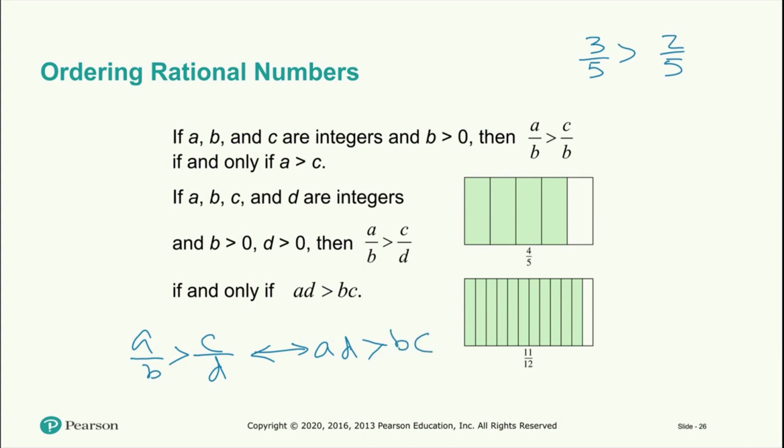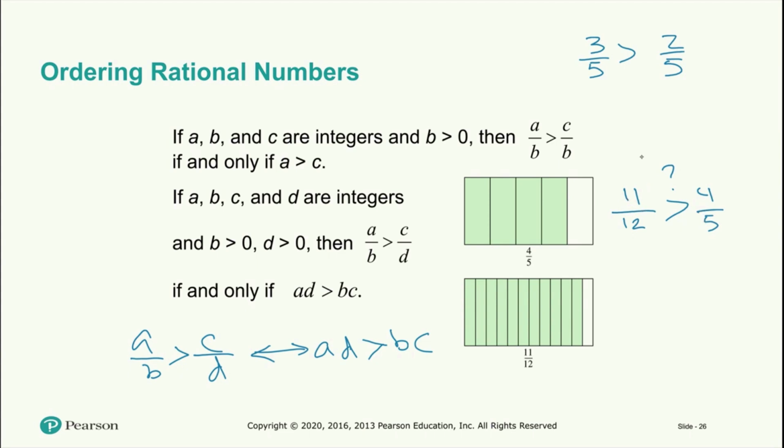So here we have two fractions, and you can see that 11/12 is clearly larger than 4/5, right? So we can quickly verify this if we can show that the cross product, remember you have to go from the top left to the bottom right, this cross product, be careful with that.